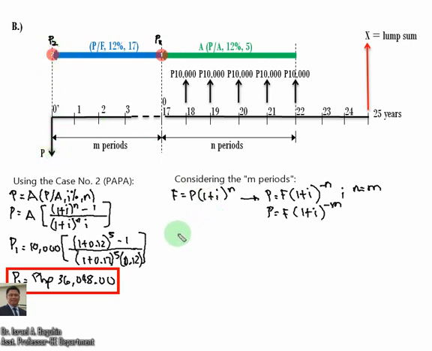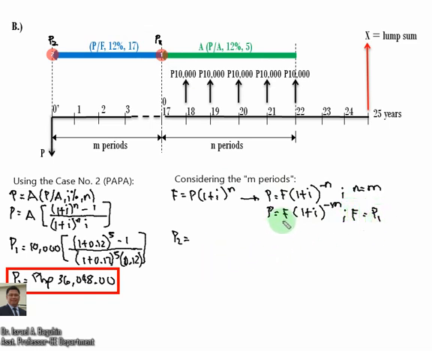So therefore we can say that P2 is equal to F. Our F is just equal to our P1.